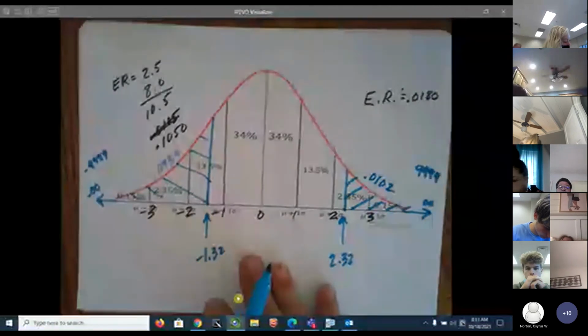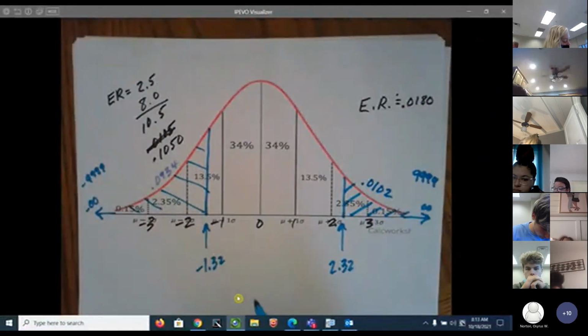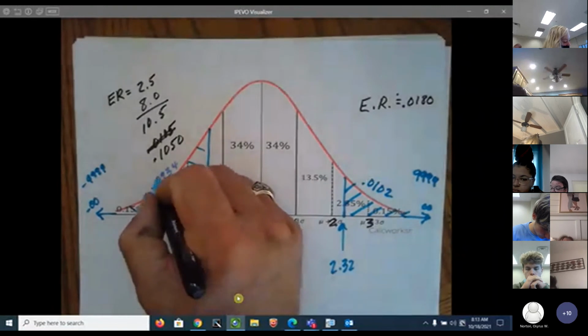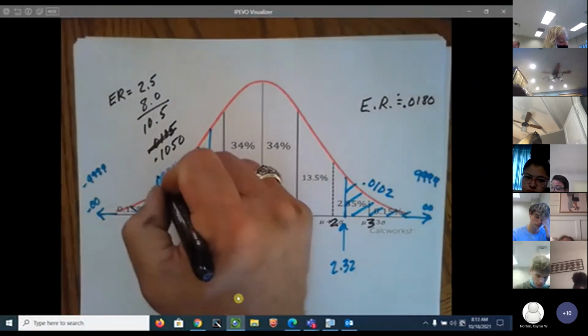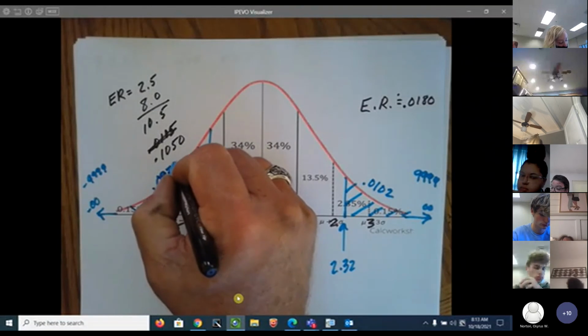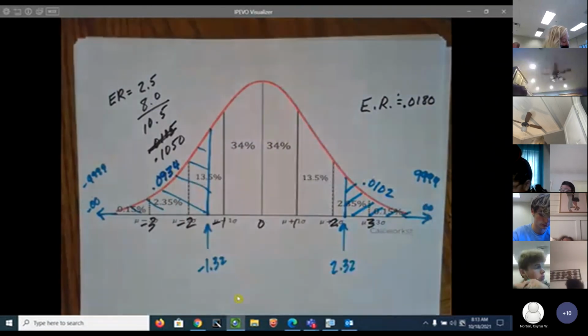As you get closer to the tails, it's harder to estimate using the empirical rule because the area is so small. So there are the two areas.